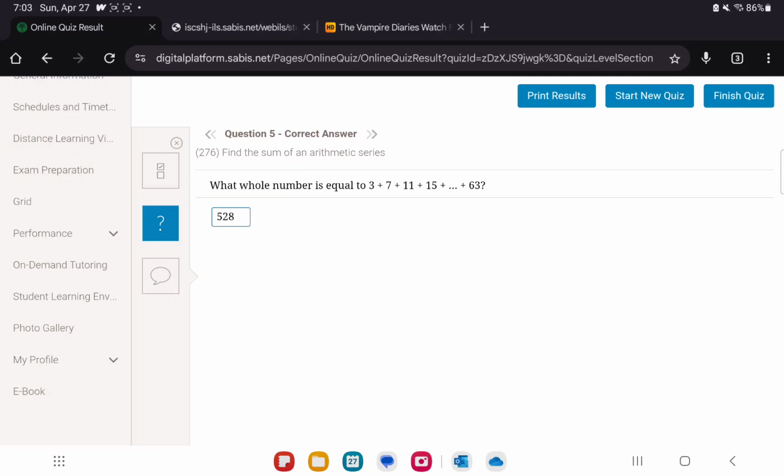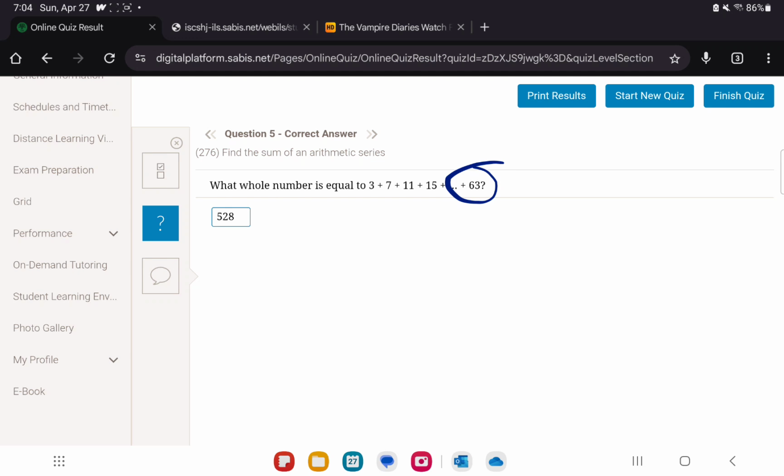Now this is also the same thing, because they're technically asking for the sum without making it look like they're asking for the sum, but what they're asking for is the sum, okay? So actually, no, first we have to find what 63 is, and then we have to find the sum of that number, okay?